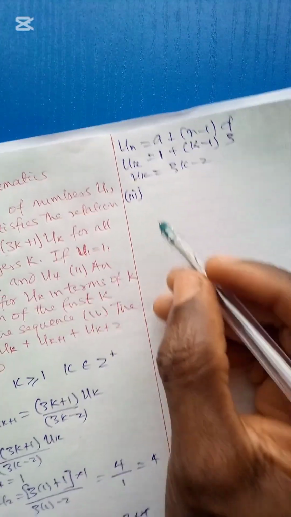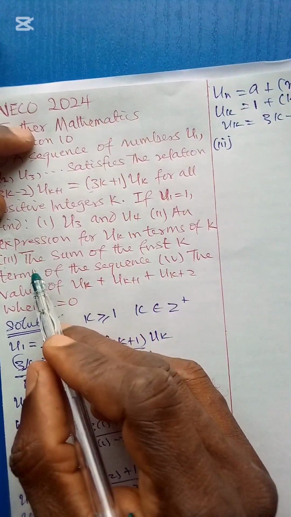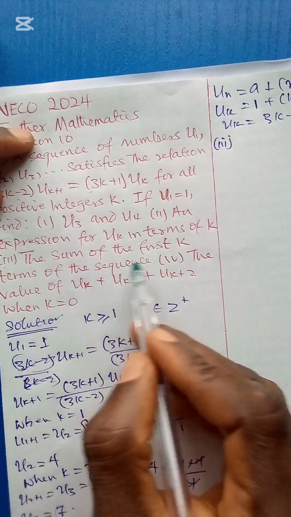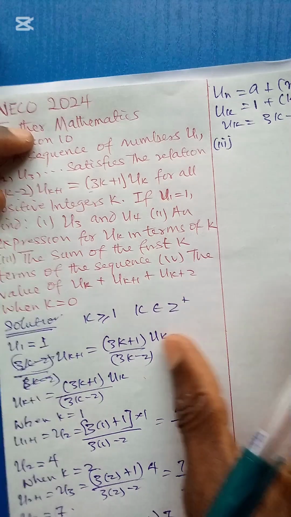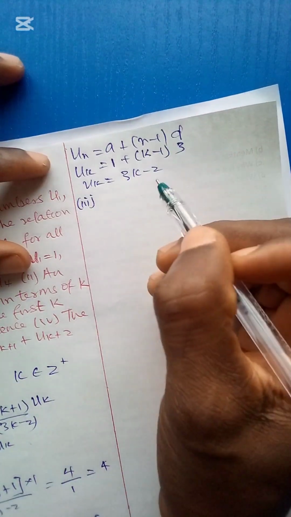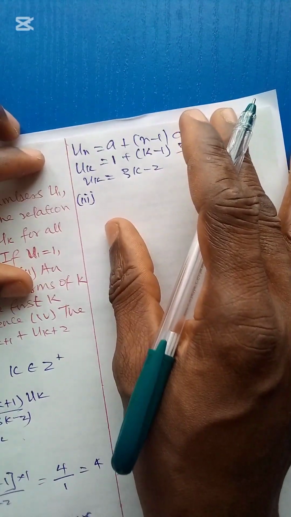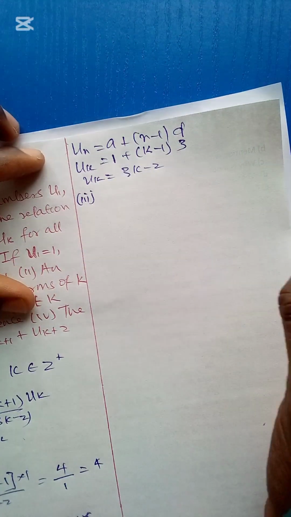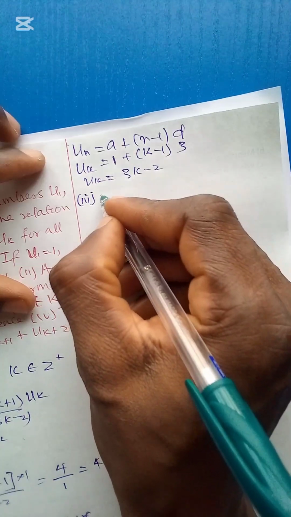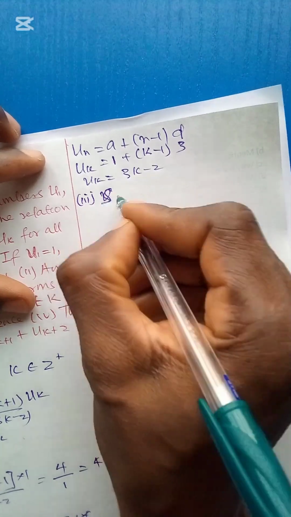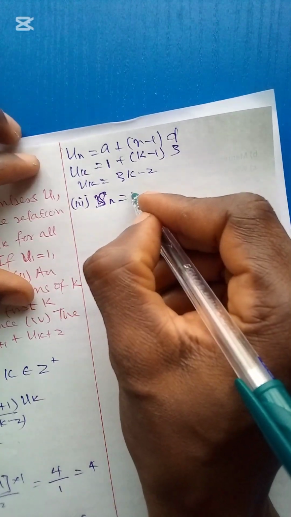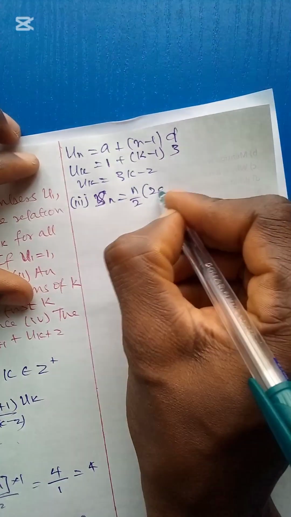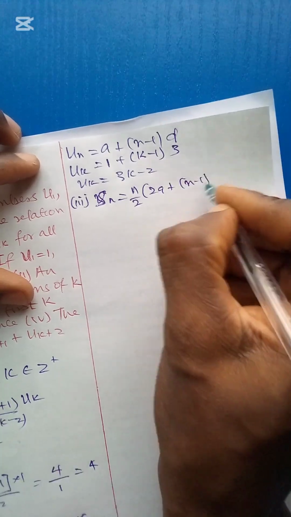Now in the third part, we are asked to calculate or to find the sum of the first k terms of the sequence. Simply, all we are required to do is to find a formula that we can use to sum up all the terms. Let's remember that Sn is n over 2, 2a plus n minus 1 d.